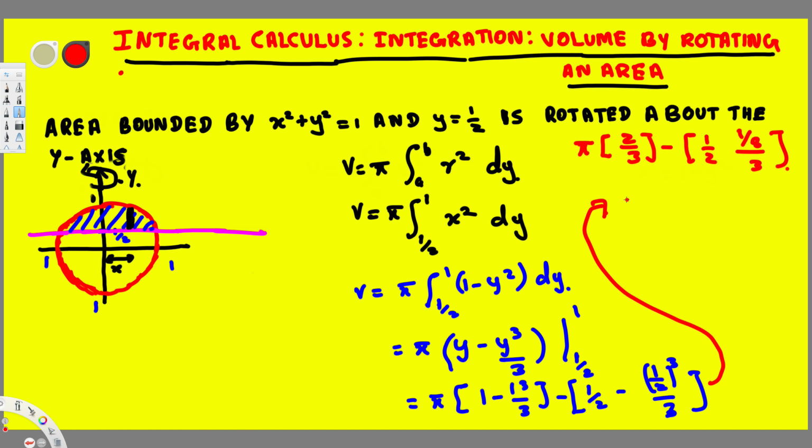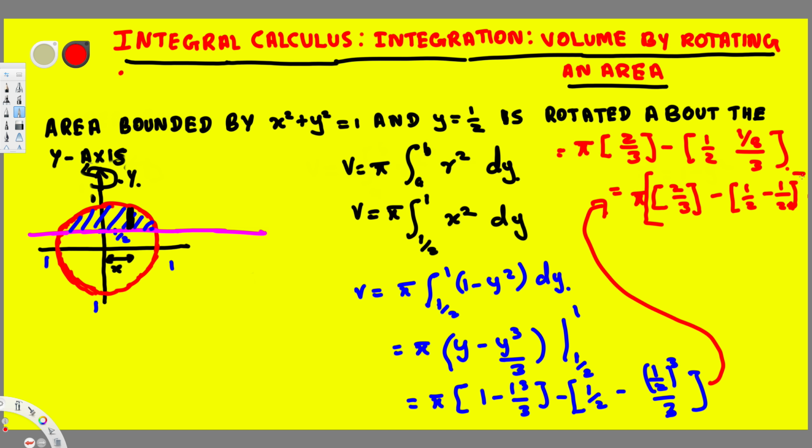Simplifying, we get pi times 2 over 3 minus 1/2 times 1/8 over 3, and that's going to be 1 over 24, because we can bring this 8 to the bottom.